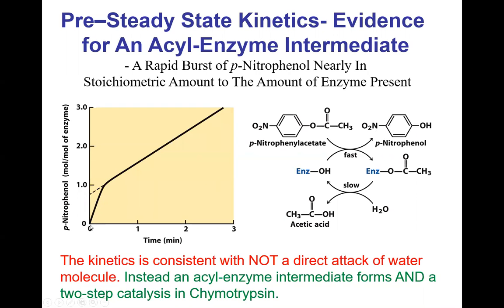So what they found out is that when they mixed these two together, they found burst kinetics. Okay, burst kinetics are quite popular among enzymologists. And so you can see a rapid burst followed by a nice steady state rate.